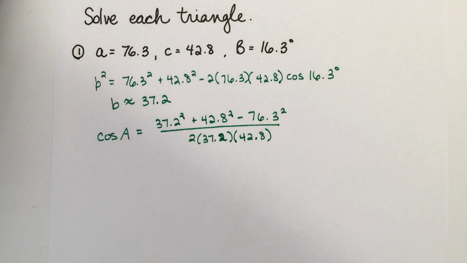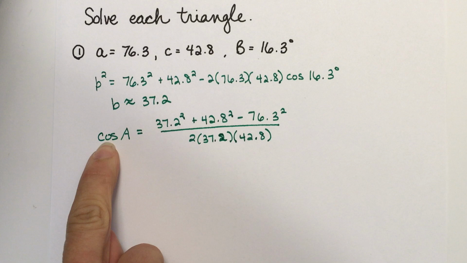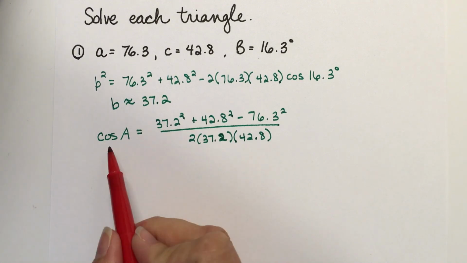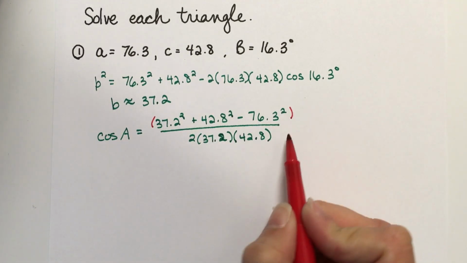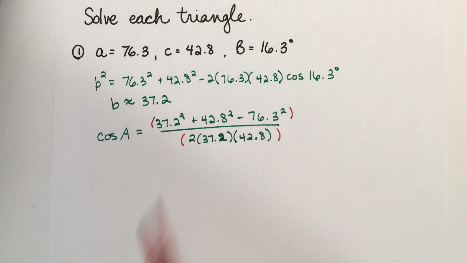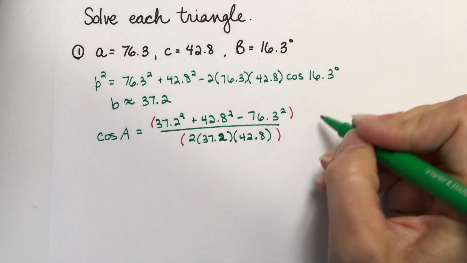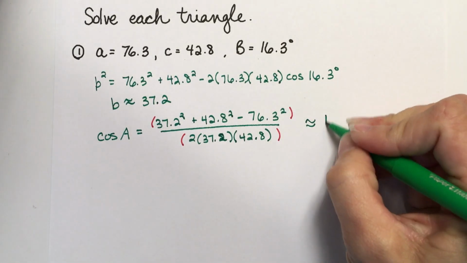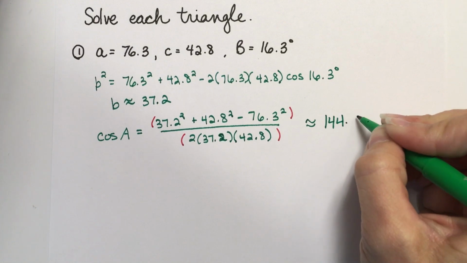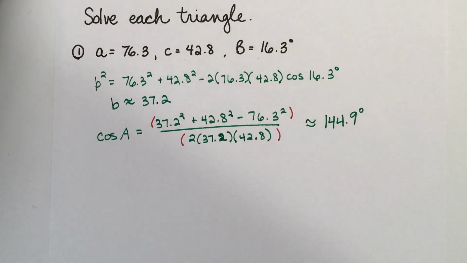Now, putting this one in your calculator, first of all, don't forget that you need to do second cosine. So that would be what you need to hit first on your calculator, second cosine. You will need to put a set of parentheses around the top and a set of parentheses around the bottom. So try entering that in and make sure that you can do it correctly, but you should get 144.9.